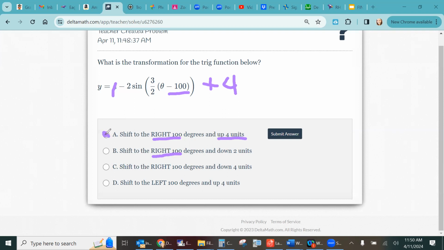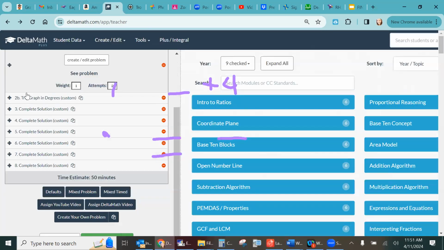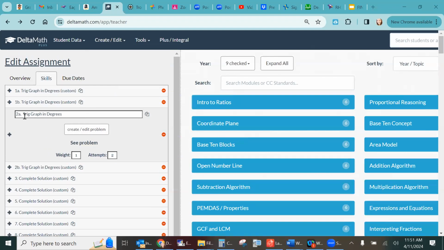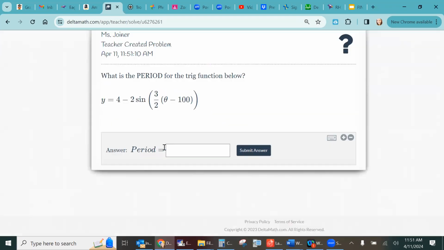Go on to 2B. So 2A should be A. And then we're going to question B. Yeah, so you should be on this one, y'all. 2A was A, and now we're going on to 2B.